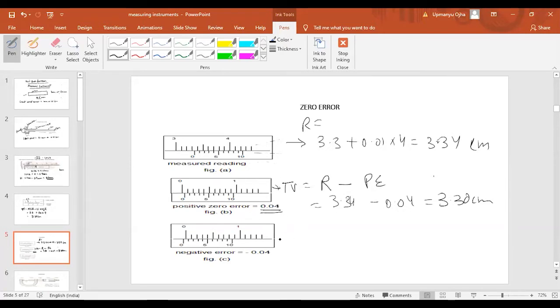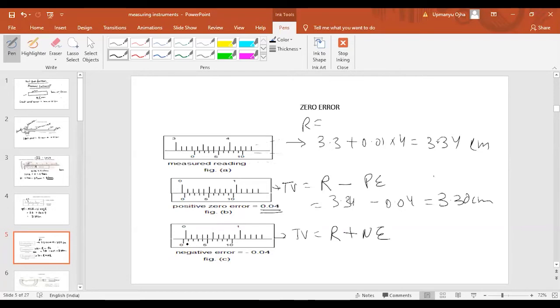When there is negative error, then the true value will be equal to reading plus negative error. Now again we look at this point. Negative error means when the zero of the vernier scale is on the left side of the main scale. And what is the magnitude of negative error? Again, we have to look at the coinciding part.